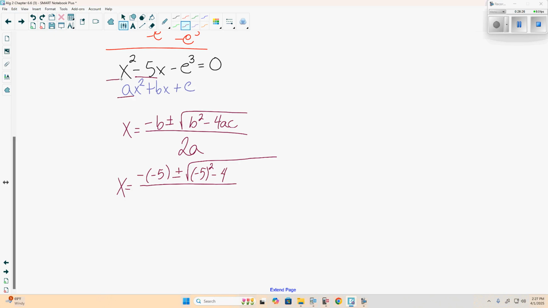A is the number in front of x squared, which is 1. Now c is our number without a variable. What's our value of c going to be? Yeah, it's going to be negative e to the third. All over 2 times a, or 2 times 1.